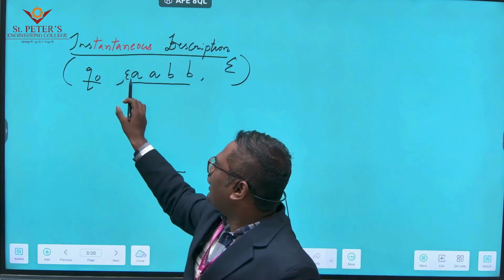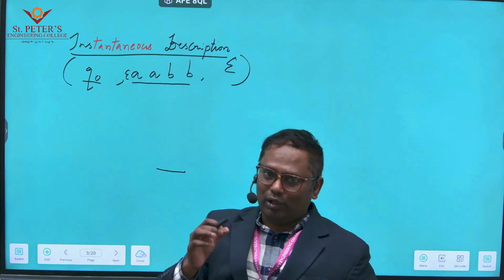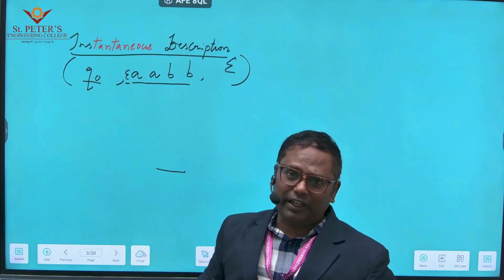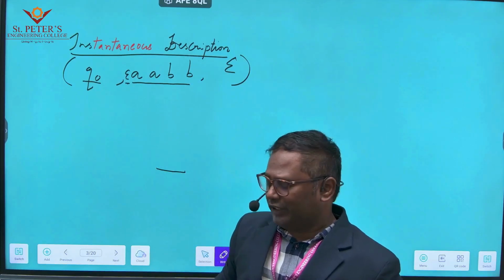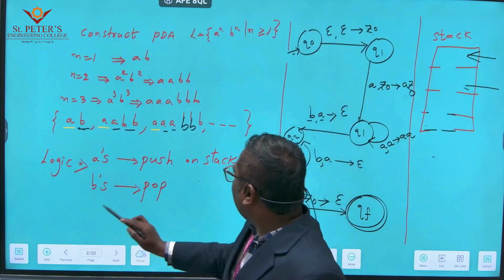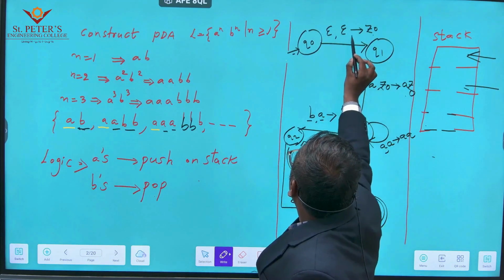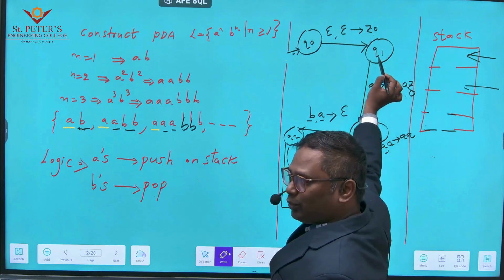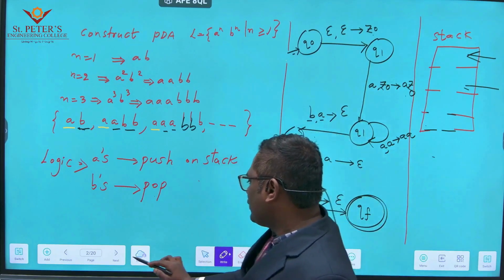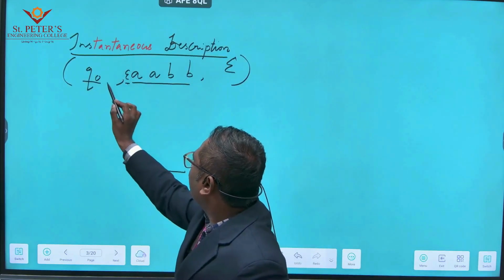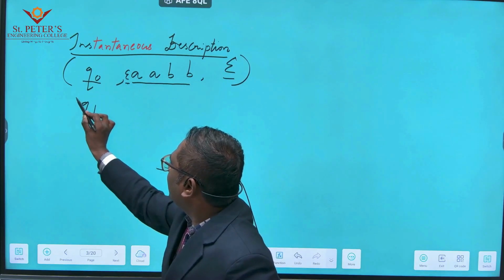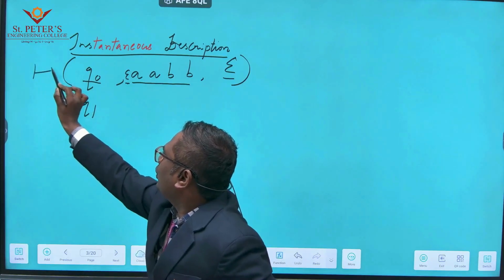Epsilon is called the null string. Always, if you want to prove the instantaneous description, blindly add epsilon at the beginning of the input. Now look at this diagram. Q0 on epsilon epsilon, you are directed to what state? Q1. So here I can write Q0 epsilon epsilon is Q1.